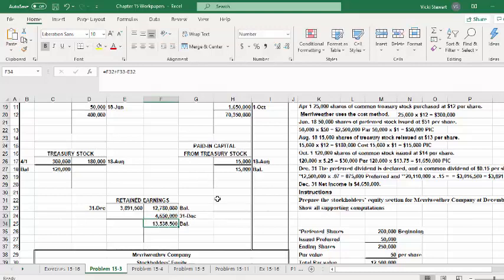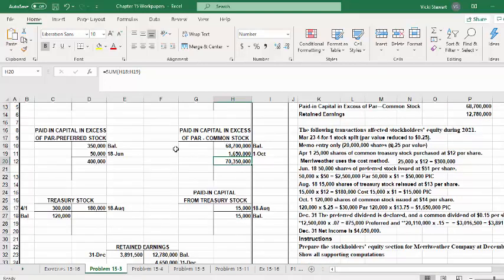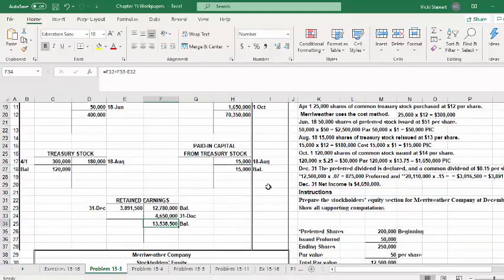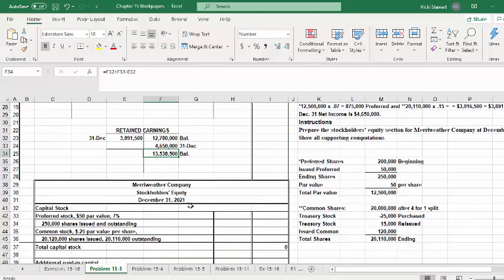So now we have all of the balances in the stockholders' equity section: $12,500,000 for the preferred par, $400,000 for the paid-in capital in excess of par for preferred, $5,030,000 for the common stock par, $70,350,000 for paid-in capital in excess of par common, a $120,000 balance in treasury stock, a $15,000 credit balance in paid-in capital from treasury stock, and retained earnings is $13,538,500.